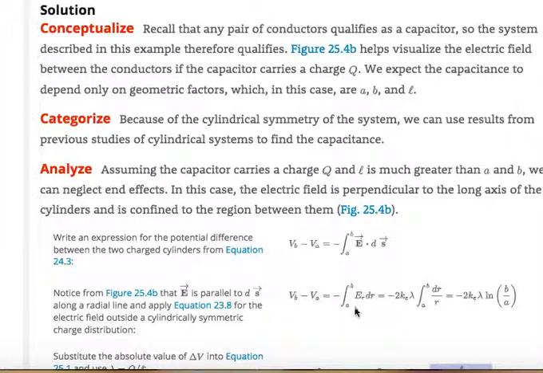That has changed here. They used r instead of s. That's fine because it's a radius, because it's a circular shape. And then this negative 2 K lambda over r is the electric field of a cylinder.